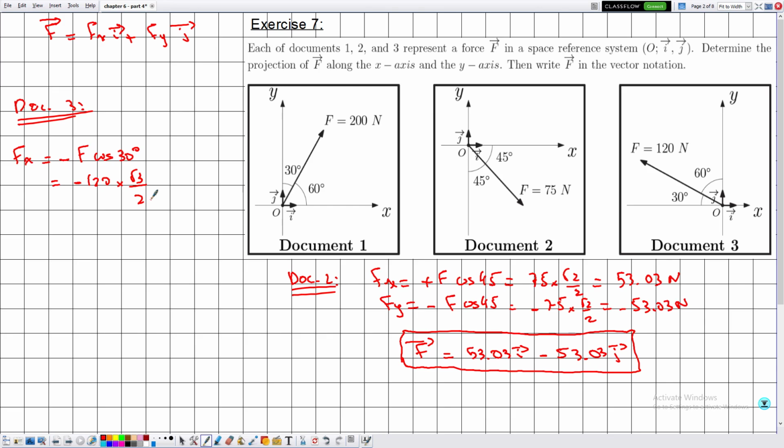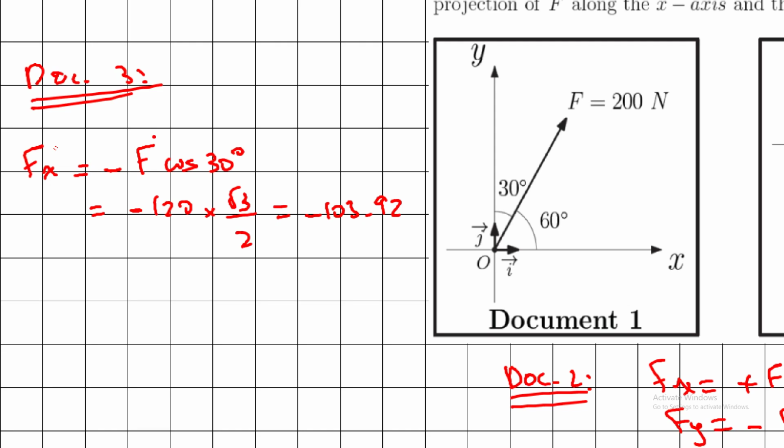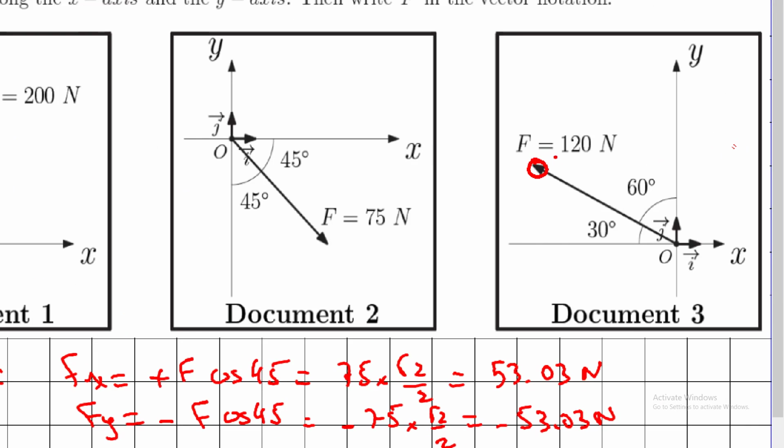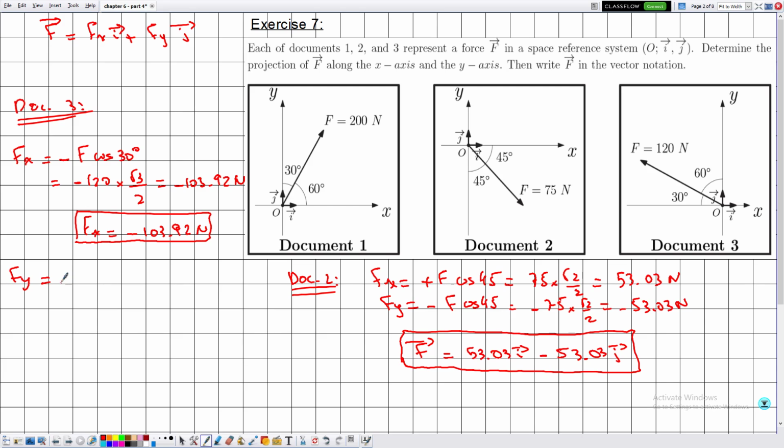Now plugging this on the calculator, then the value of Fx is given minus 103.92. Always all quantities in physics must have unit. The unit of F is in newtons, and this is unitless, so the unit of Fx is in newtons. Then Fx is equal to minus 103.92 newtons. As for Fy, notice that in this case the force F is pointing in the same direction of y, so it's plus.